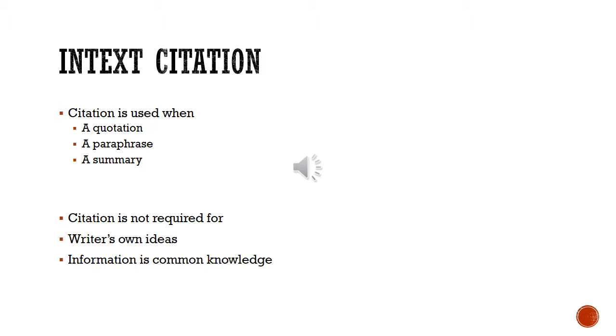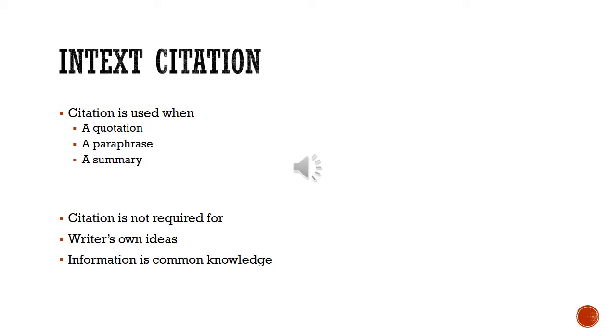For in-text citation, what you do is immediately after that quote or paraphrase or the summary, you mention from which source you have got that information. In-text citation is a bit smaller version of your bibliography or works cited.